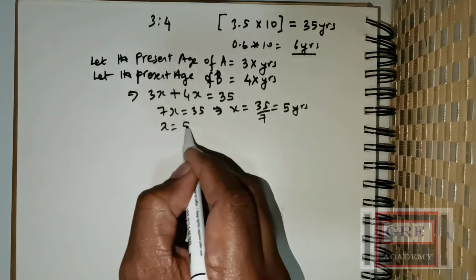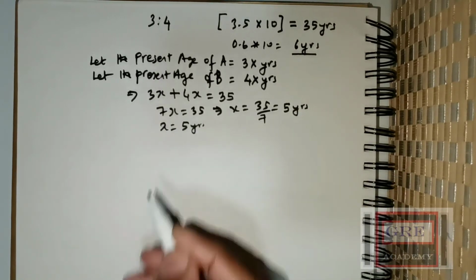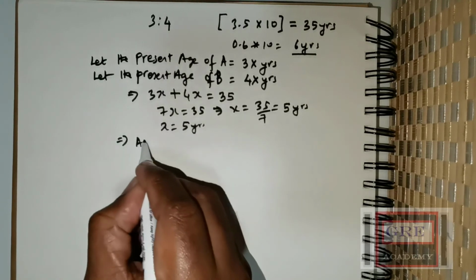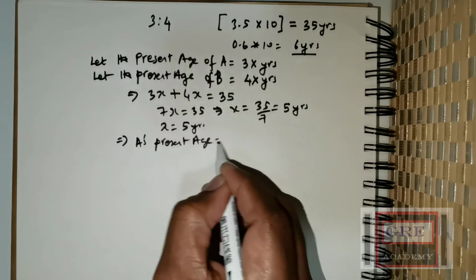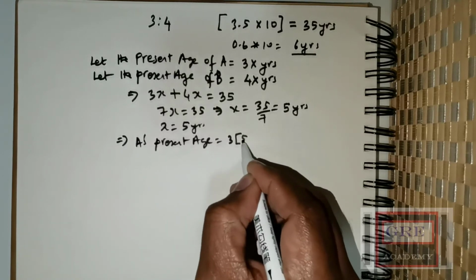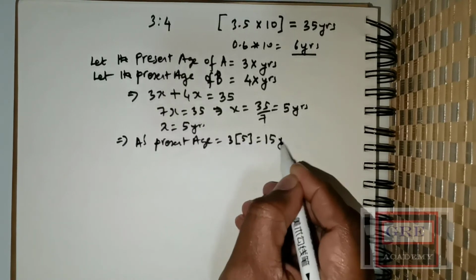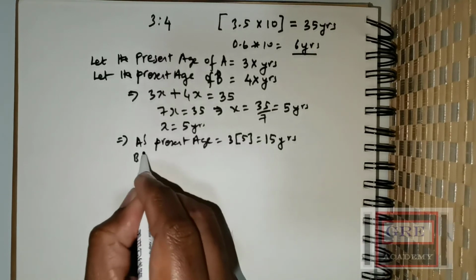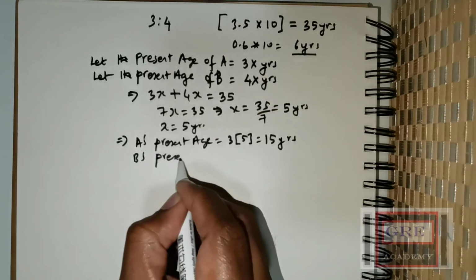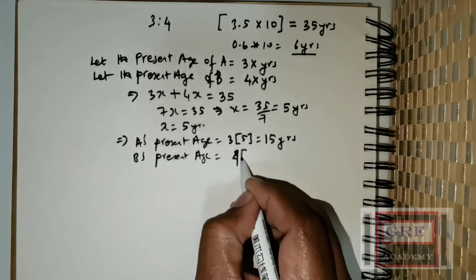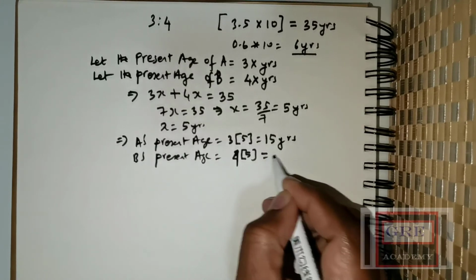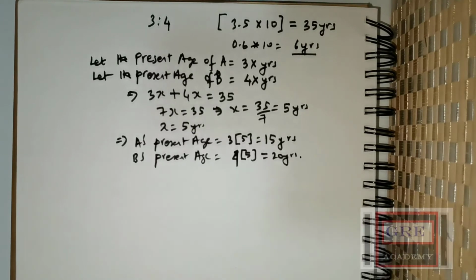This is what we have got. So A's present age is 3 times 5, which is 15 years, and B's present age is going to be 4 times 5, which is equal to 20 years.